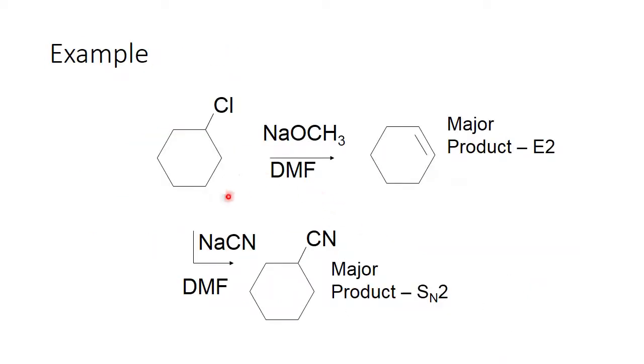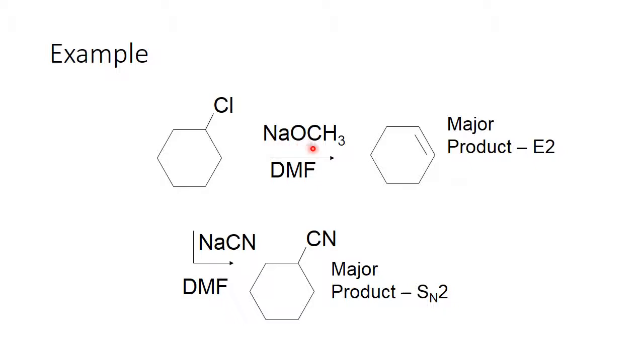Okay, so here we go. How are we going to determine what occurs? This is a secondary carbon, so now we say, is it going to be SN1, SN2, or E2? Let's look at the conditions. We're not going to have SN1. It's a base, and remember, I told you earlier that SN1 only occurs when you have a non-basic nucleophile.